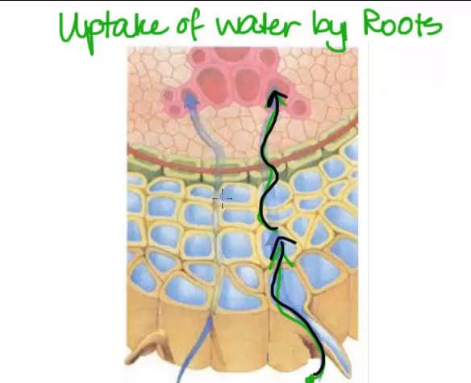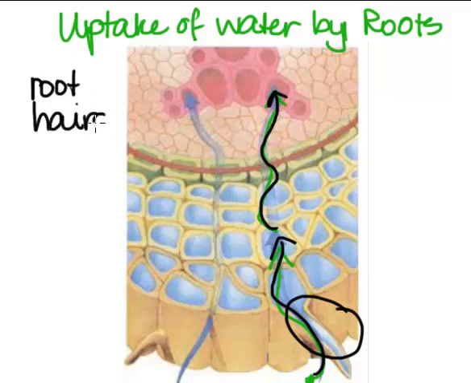The first very important structure as we look at this process is the structure of the root hair. Now, root hairs, if you recall, when we started learning about epidermal tissue right back in week 11, we said that certain epidermal cells can be modified, and one of the modifications of an epidermal cell is that it can have a root hair.